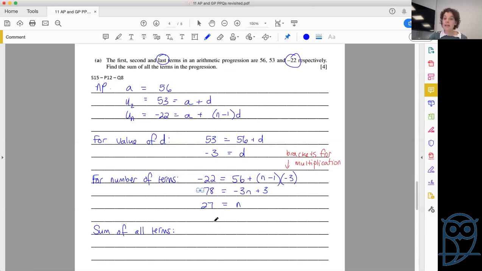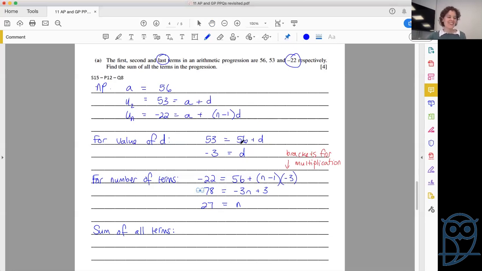And here we're going to use that less frequently used formula, but it doesn't matter that you don't necessarily know it because it's in your MF9 and you are aware that there is a formula for the sum using the last term. If you use the other formula that we always use, half n, 2a plus n minus 1 d, there is absolutely nothing wrong.